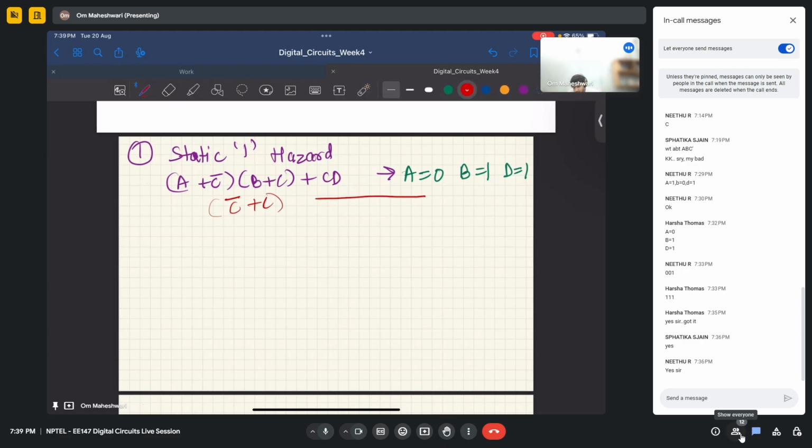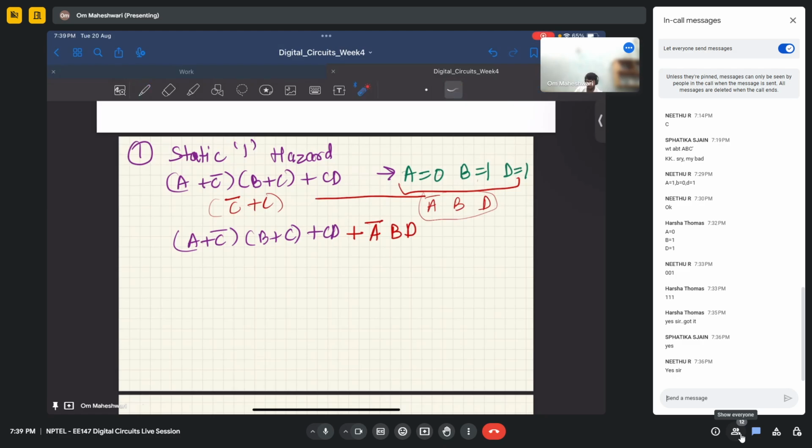So what you can do is I write it like this: A plus C bar, B plus C plus CD. This I already have. If I add an additional term, let's say plus A bar B D, right? This is A bar B and D. So whenever this condition comes, A equals to 0, B equals to 1, D equals to 1, this term will become 1.